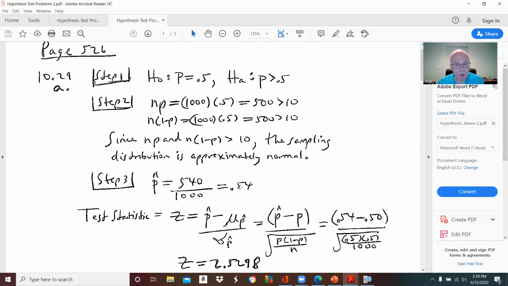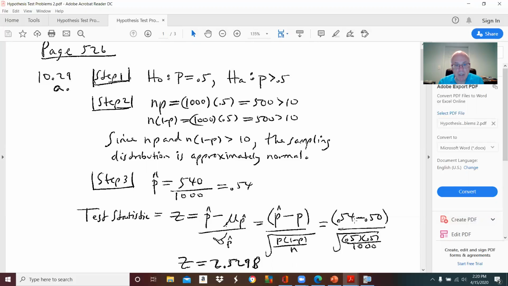Which is 0.54. And here's our formula for the z test statistic. P hat minus the mean of the sampling distribution of p hat, divided by the standard error of the p hat. P hat minus p, since the sampling distribution mean is equal to the population proportion, and then inside the square root, we're going to use our hypothesized proportion with n.